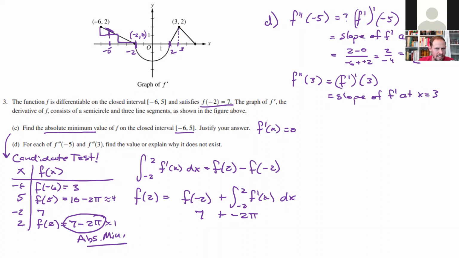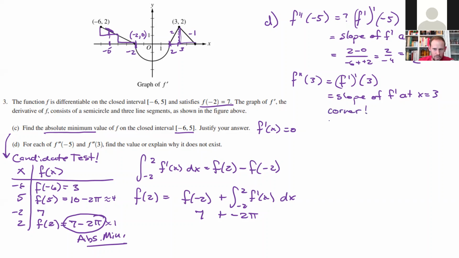Well, for one side, that slope is positive. In fact, we could find that slope. It looks like that slope is over 1 up 2, so that slope would be 2. The other side, this slope is negative. It's going down 2 over 2. That slope would be -1. So from the left, like we could write out the whole limit definition and whatnot, but it's a corner.